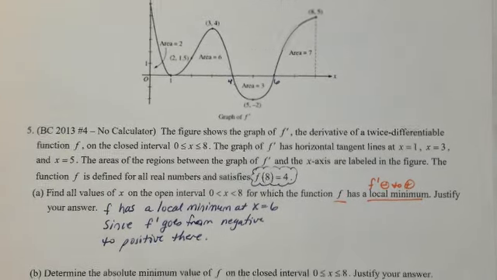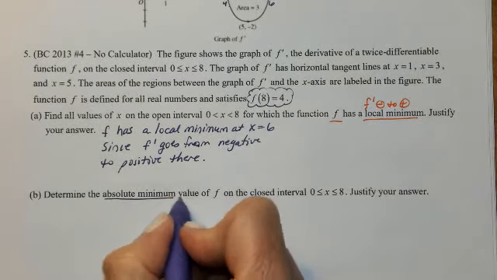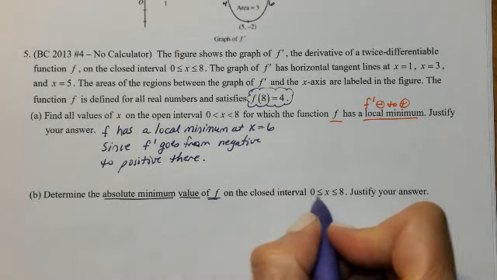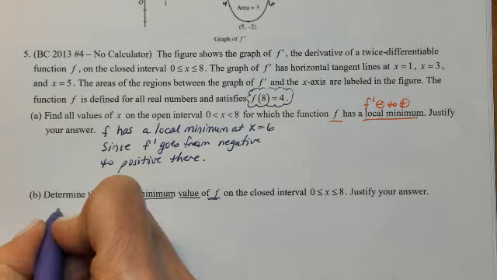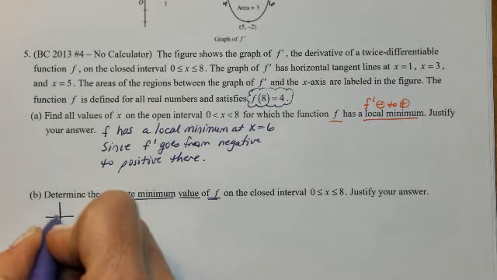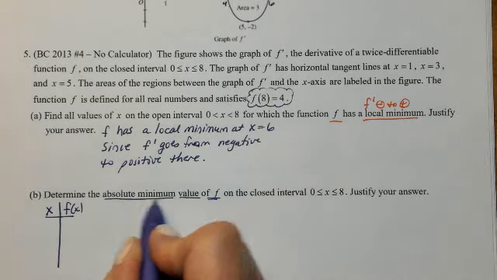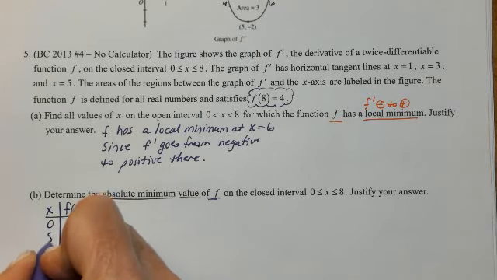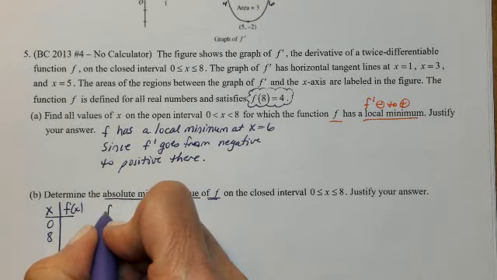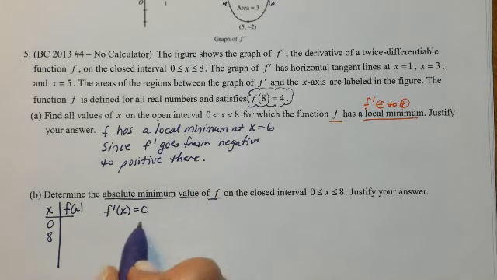That's it. Part B. Determine the absolute minimum value of f on that closed interval. Another closed interval test, since we're finding the absolute min of f, right? Okay. I begin with my boundaries, 0 and 8, and now I need any value that makes f prime 0, right?